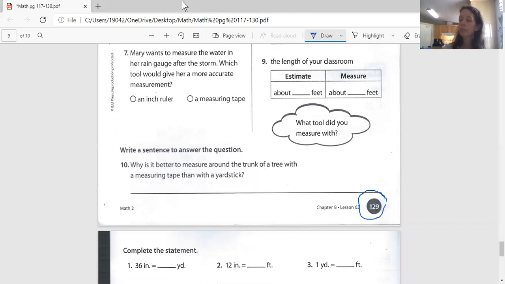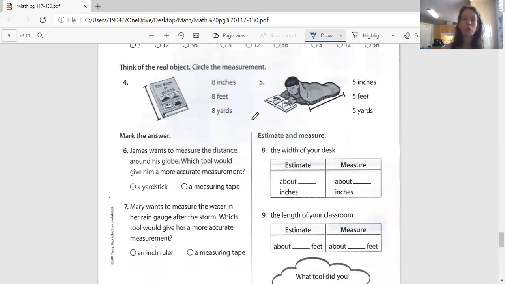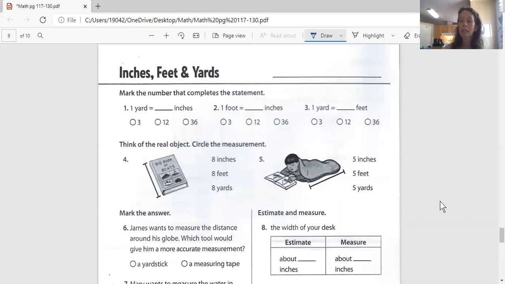Okay. So once you have page 129, then we'll talk about even and odd. We've got our name and date, and our date, which is 2/25/21. And let's talk about even and odd.